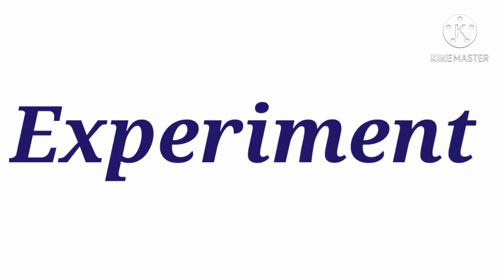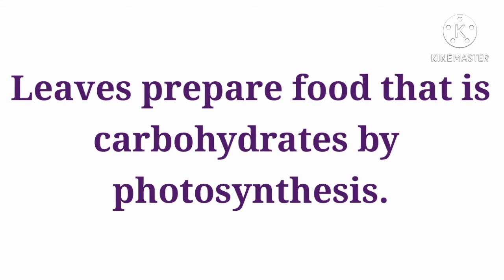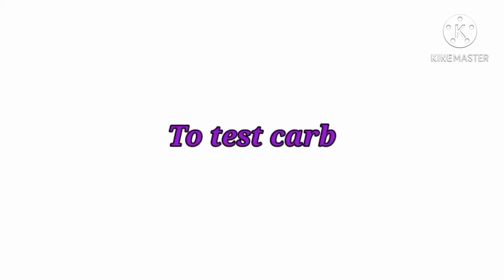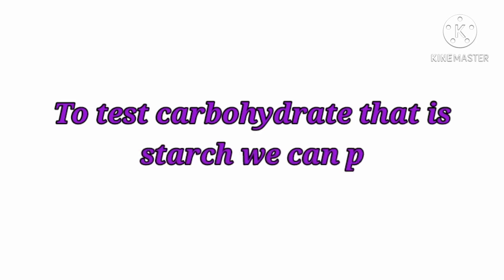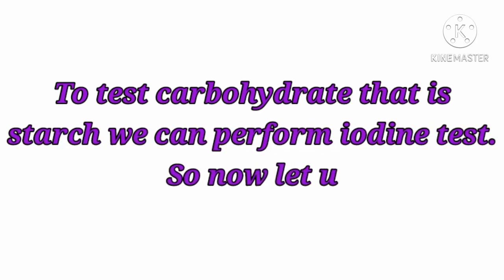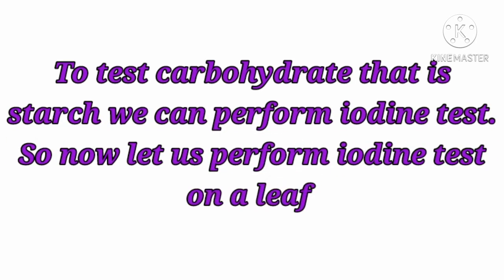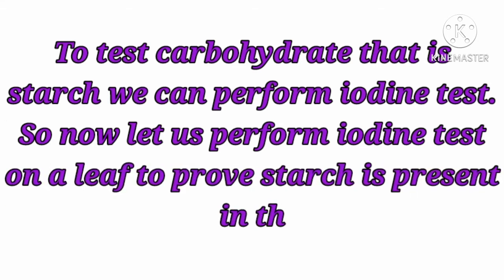Now, with the help of an experiment, let us prove leaves prepare food, that is carbohydrates, by photosynthesis. Children, we have already studied in chapter 2 that to test carbohydrate, that is starch, we can perform an iodine test. So, now let us perform an iodine test on a leaf to prove starch is present in the leaf.